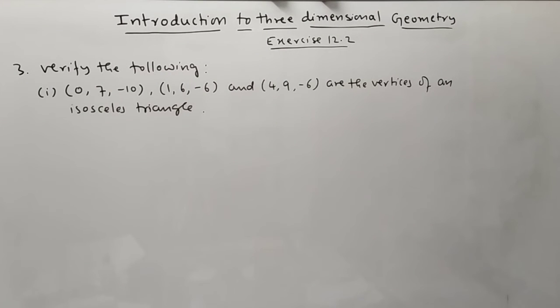Third question. Verify the following. Number 1. Points with coordinates 0, 7, -10, 1, 6, -6 and 4, 9, -6 are the vertices of an isosceles triangle. Solution.